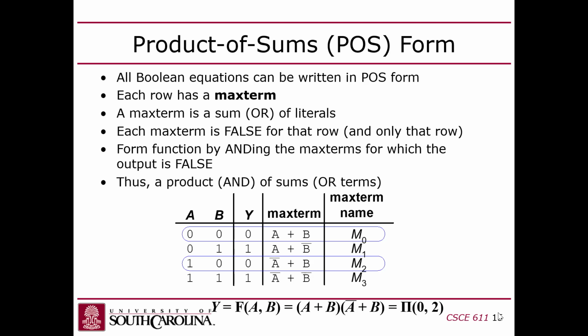So for max terms, you find the rows with 0 outputs, you construct your max terms, but you complement each of the individual variables, right? So this is why A and B are both non-complemented here in the first max term, and in the second max term, you're complementing A and you're not complementing B. You guys see that? Okay.